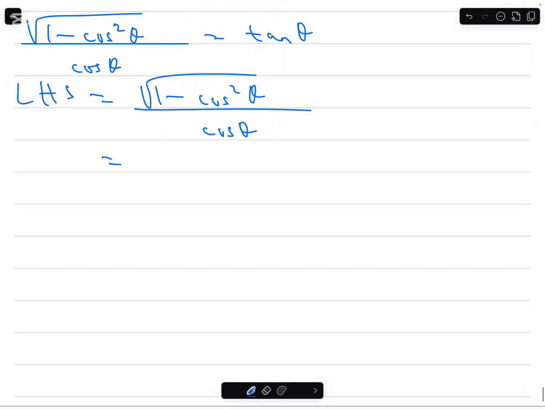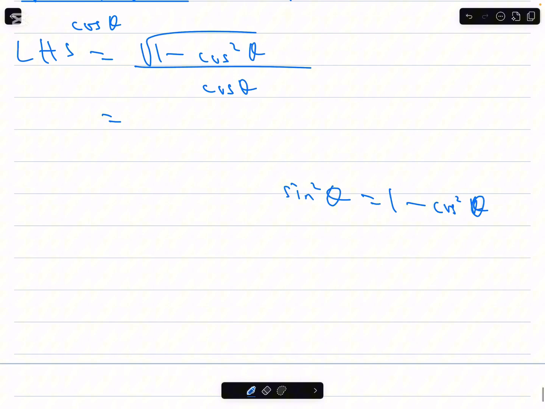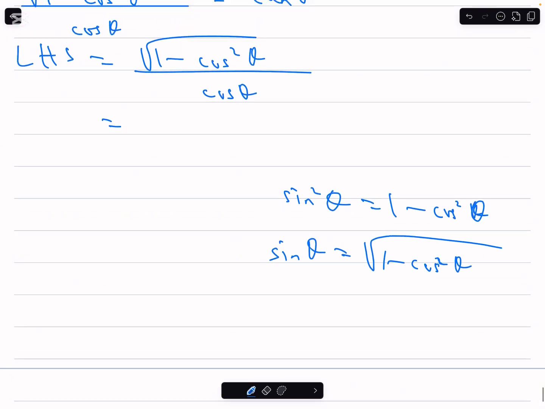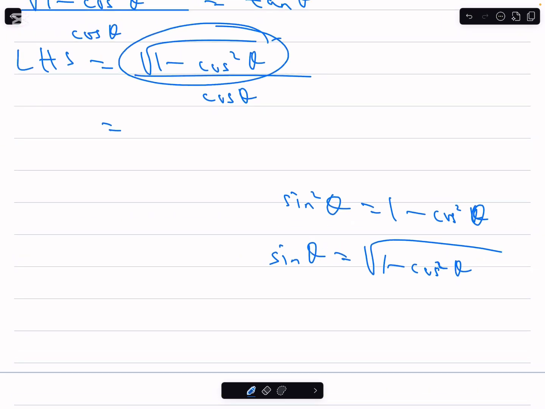I know that sine squared theta plus cos squared theta is equal to 1, so sine squared theta is equal to 1 minus cos squared theta, and that simply means sine theta itself will be the square root of 1 minus cos squared theta. So that means this numerator is sine theta.